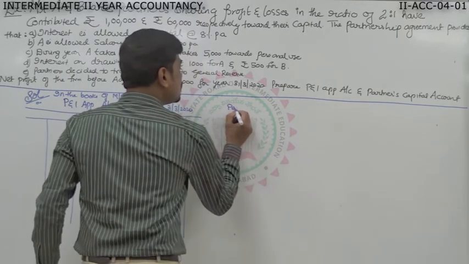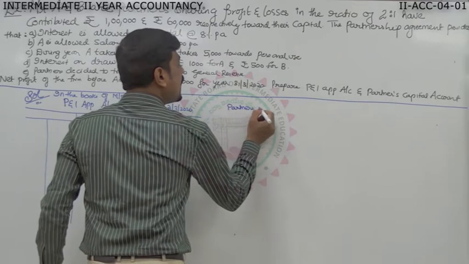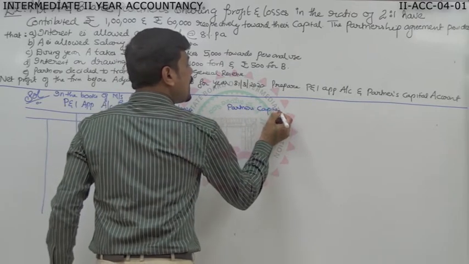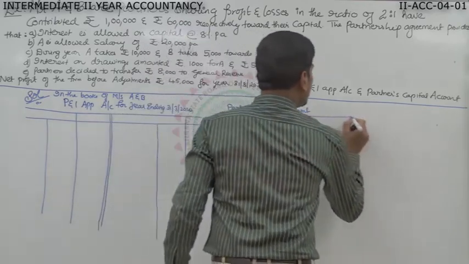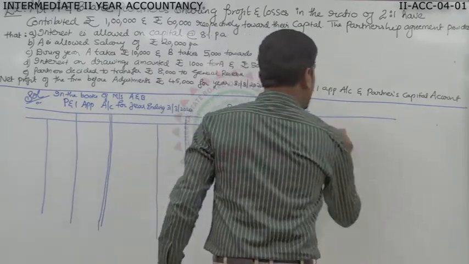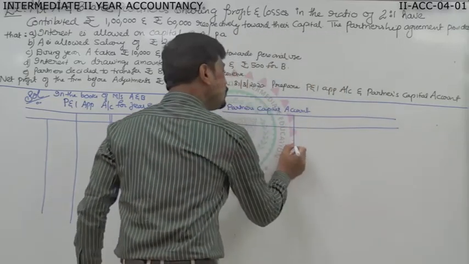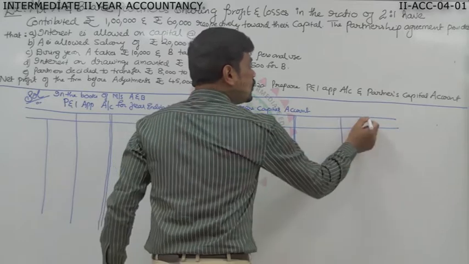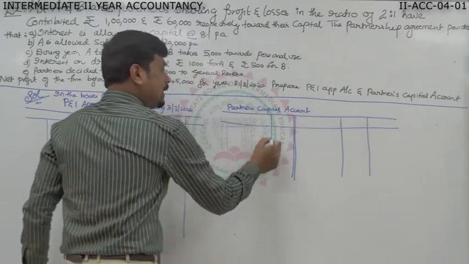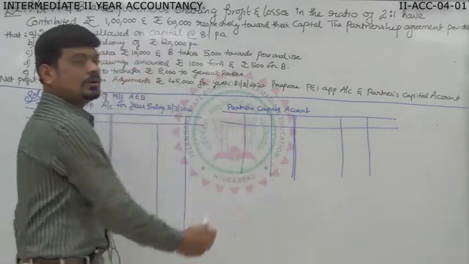Now, for partners' capital account, either you can maintain individual capital accounts or you can maintain one account with columns for different partners. Generally we maintain columns like this.